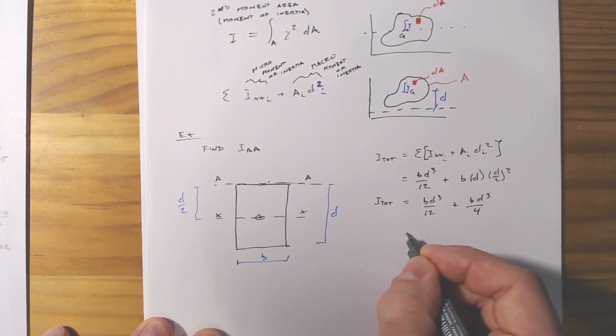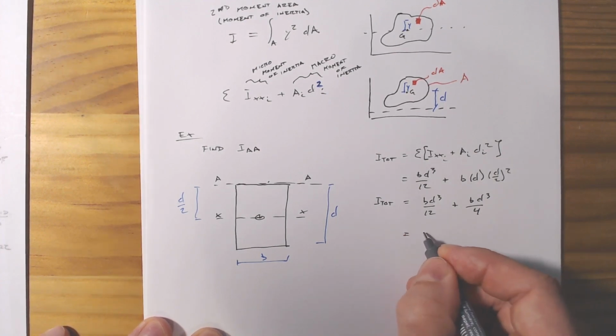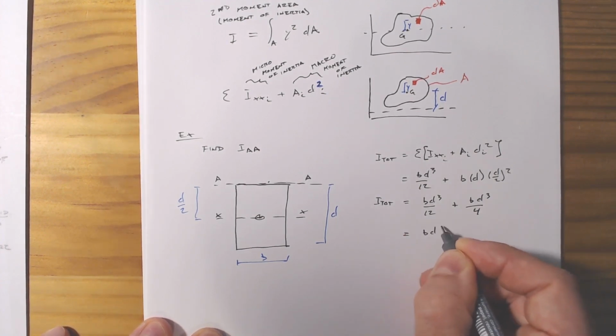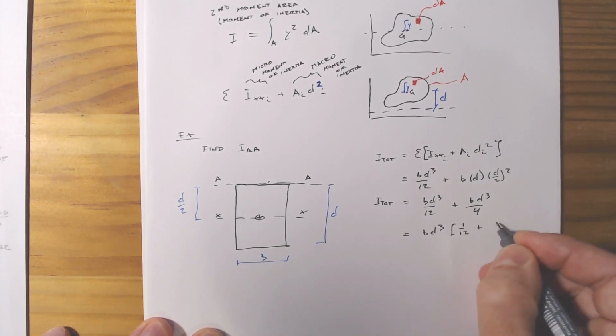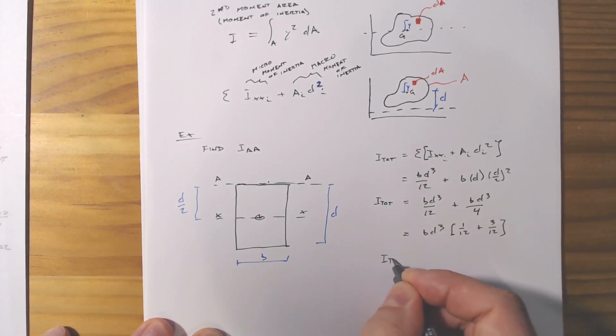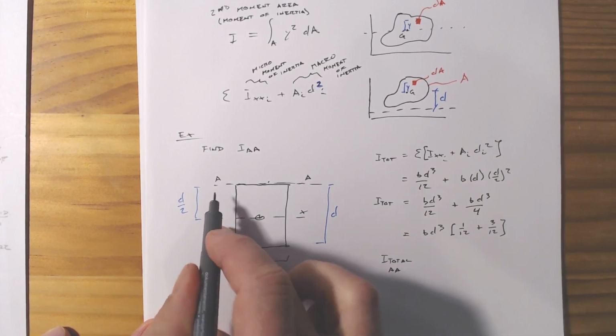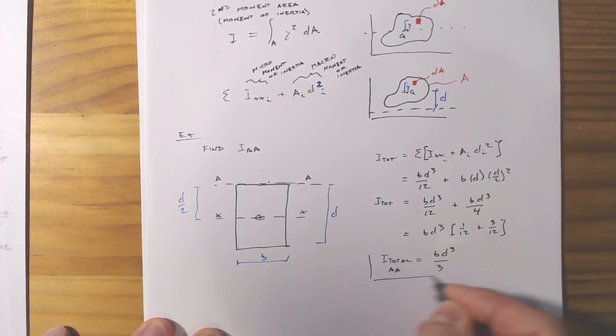And then we can do a little bit of algebra, factor out the bd cubed, we get bd cubed times 1 over 12 plus 3 over 12. And so I total for A, so about this top axis, is simply going to be bd cubed over 3.